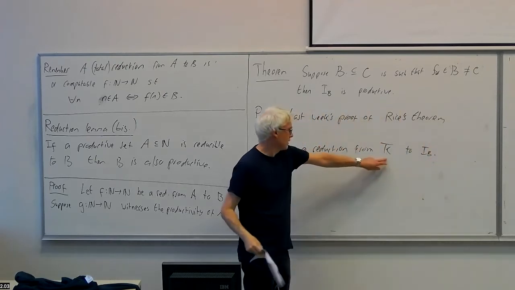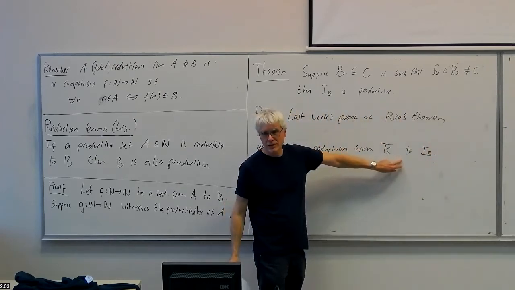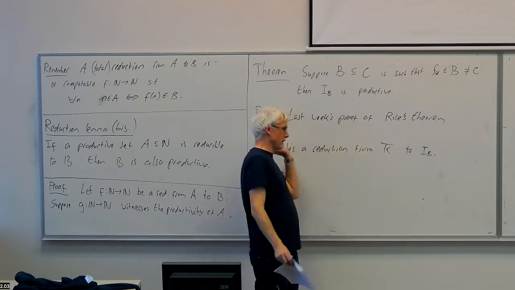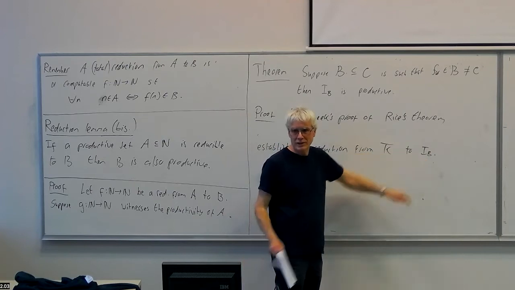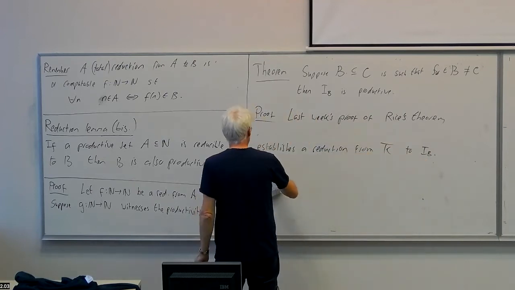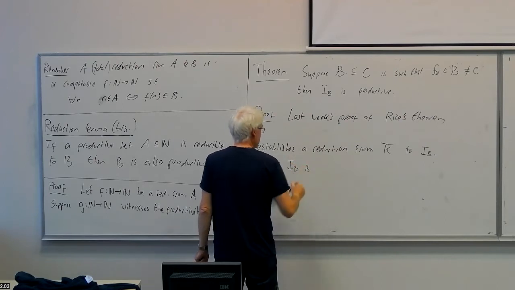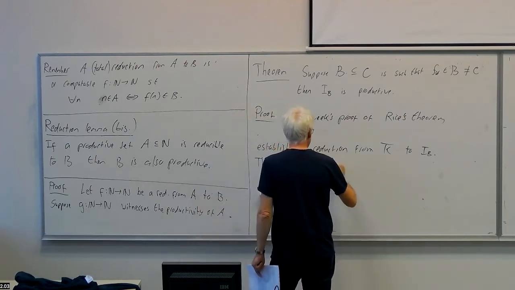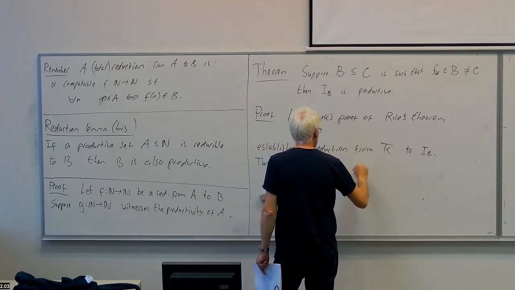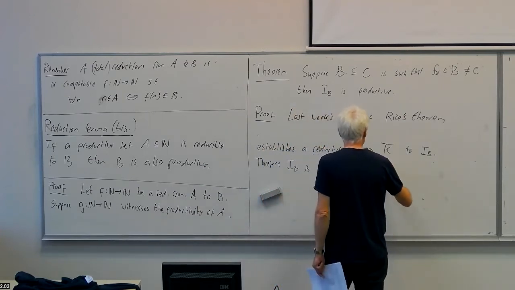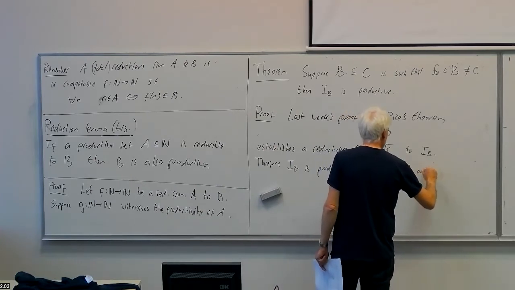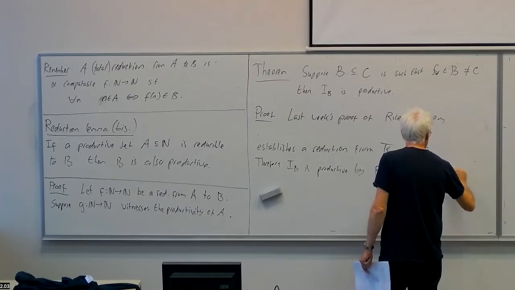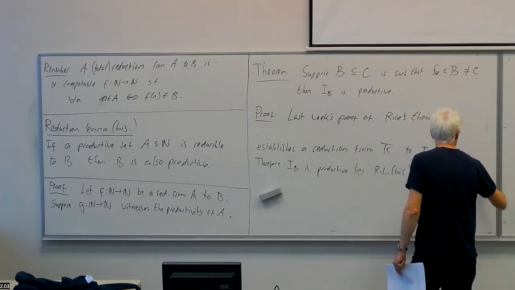Since we've shown that the complement of the halting set is productive, and we've got the reduction lemma, I_B, the set of indices of functions in B, is productive by the reduction lemma, RL, because the complement of K is productive.